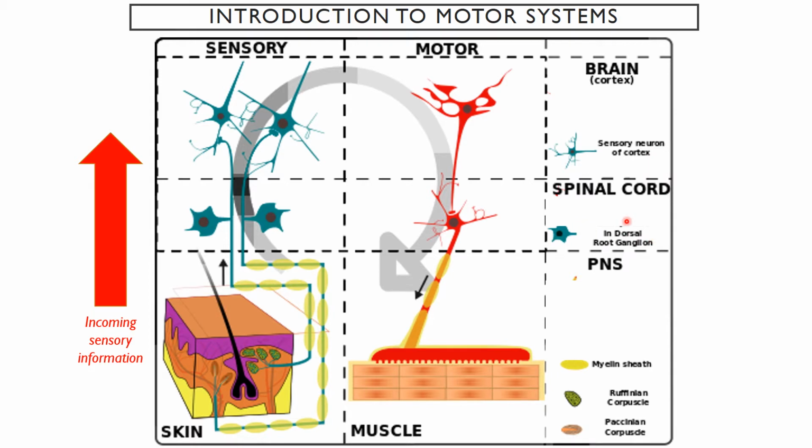We have learned about how there are sensory neurons in the cortex that do this. Information gets up to the brain through the dorsal root ganglia into the spinal cord, originating with these specialized receptors.